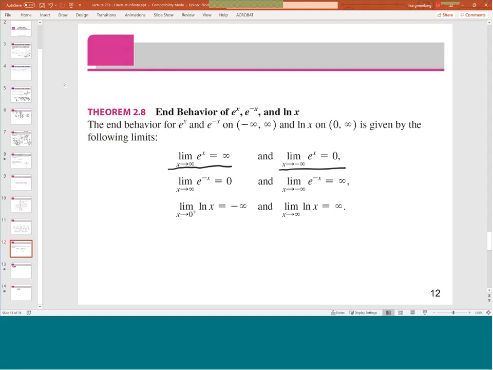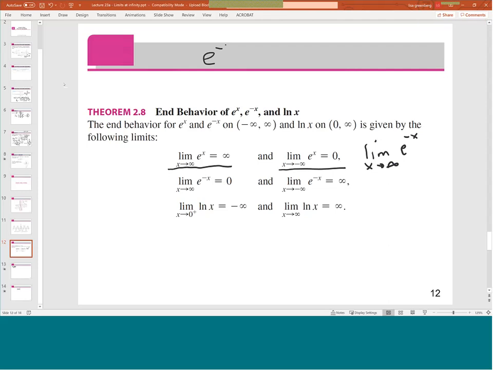So yeah, I think I understand what you're saying, Joey. You're saying I could do this. Is that what you meant? Yes. So what is e to the minus x equal?